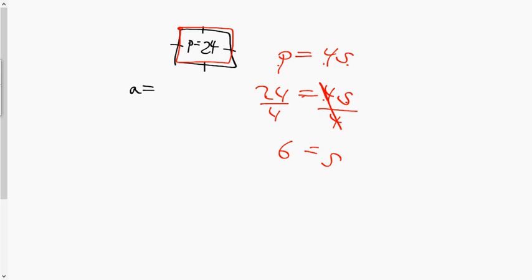Divide both sides by the coefficient. You isolate for s. 24 divided by 4 is 6. Therefore, this is our square. If the side length of a square is 6, the formula for the area of a square is side squared, or area equals 6 squared, or area equals 36 square meters for that question.